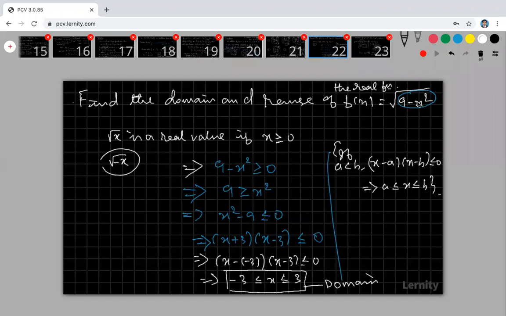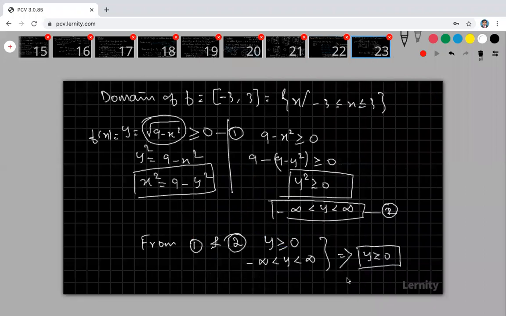If you give x equal to 0, what happened? Minimum value 0, this is root of 9, and the root of 9 is 3 only. So the maximum value of y is 3 alone. Therefore my range is 0 to 3 alone.